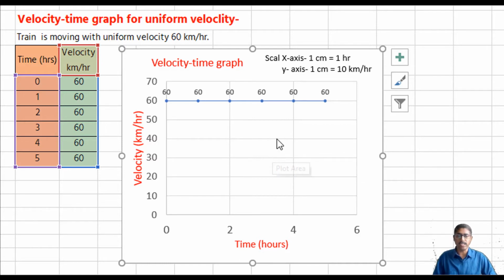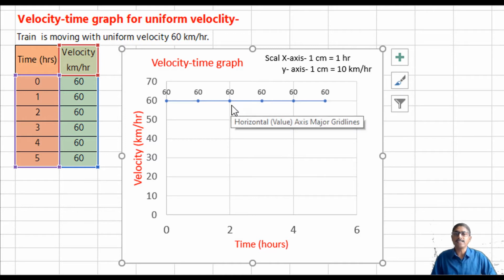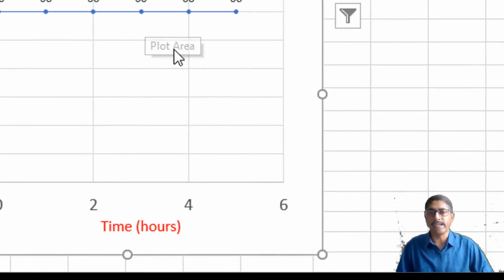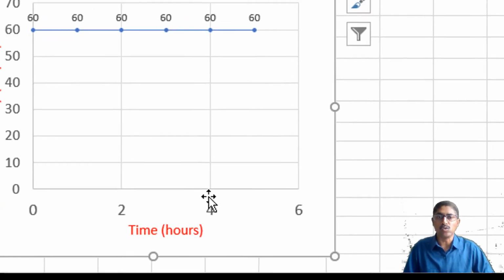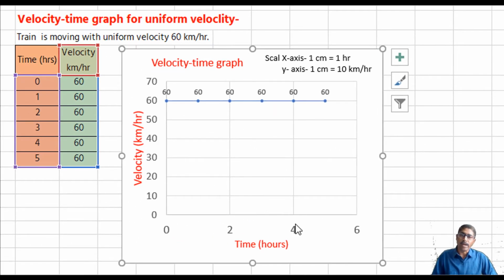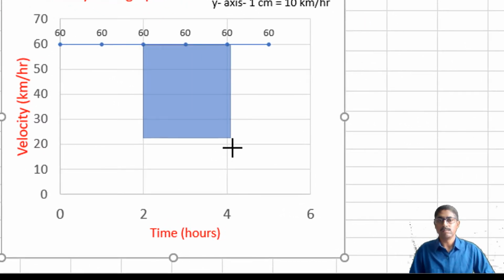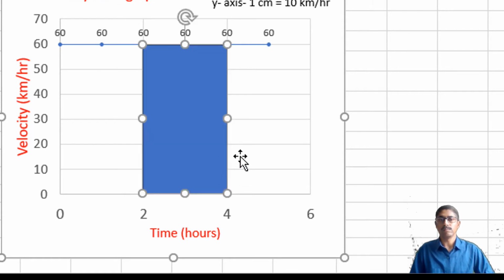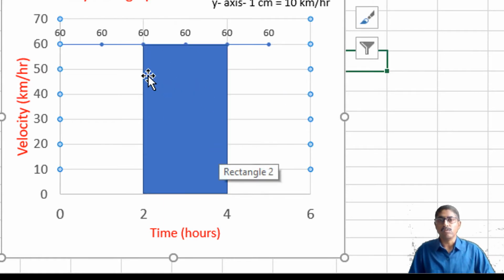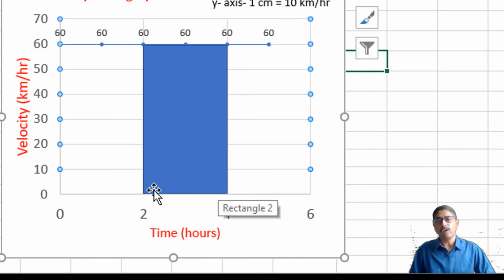First question is, how much distance is covered by that train from the second hour to the fourth hour. Calculate this by the graph. See here, here we have to calculate the area of the rectangle.